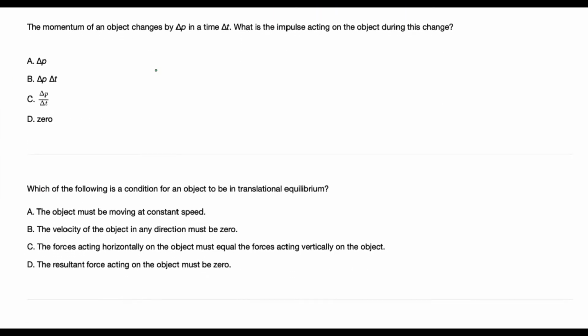The momentum of an object changes by delta p in a time delta t. What is the impulse acting on the object during this change? This one is testing you on the relationship between impulse and momentum. We know impulse is equal to change in momentum.